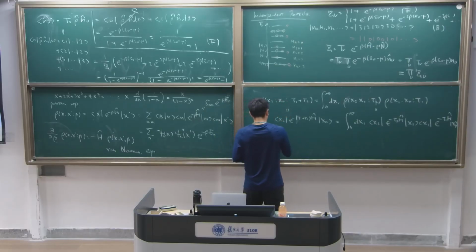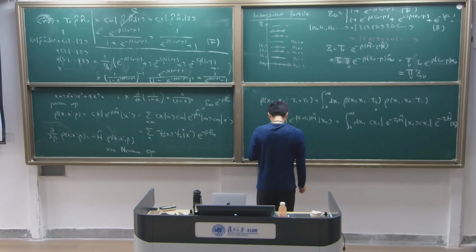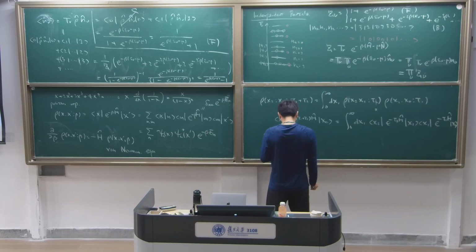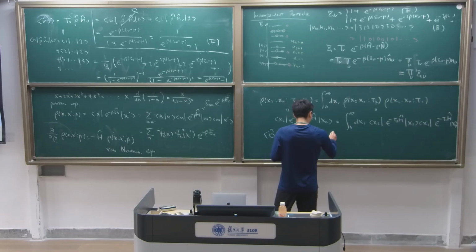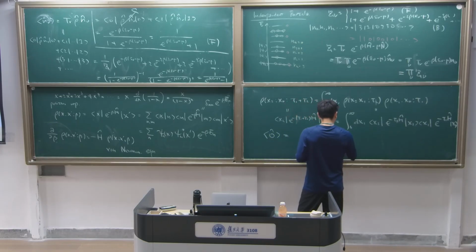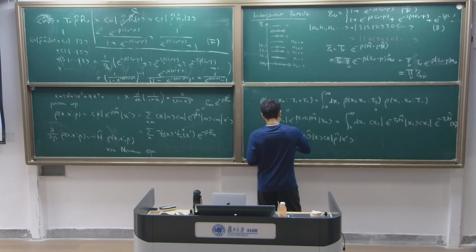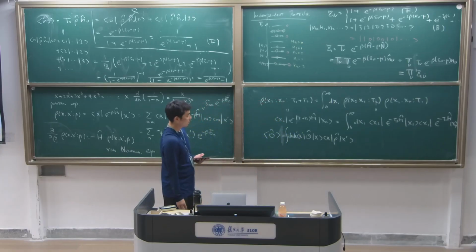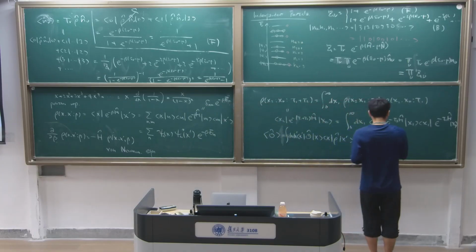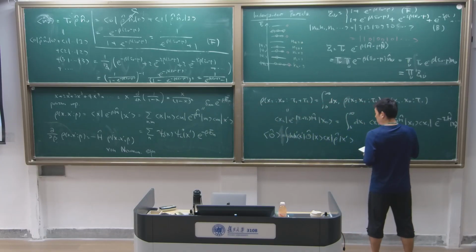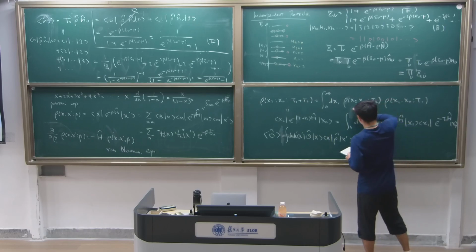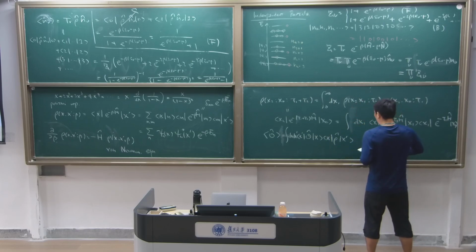So O hat is the, so O and you can put the X and X and rho hat and X prime, and then you can always have the dx integral from minus infinity.